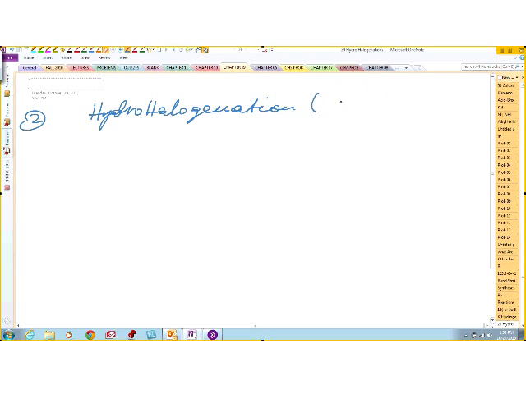That means we are adding hydrogen and halogen, the addition of hydrogen and halogen to the carbon-carbon triple bond.